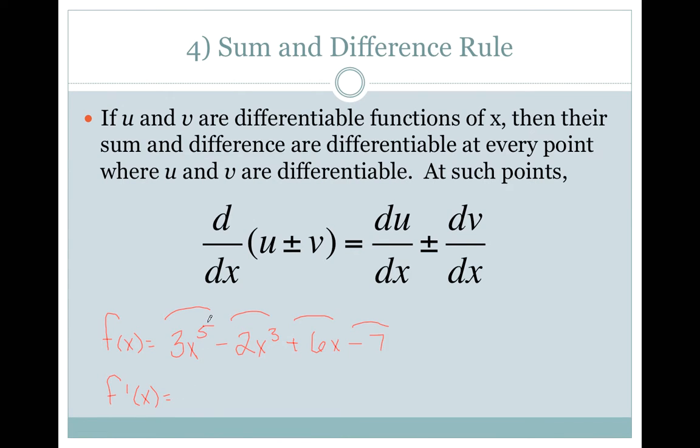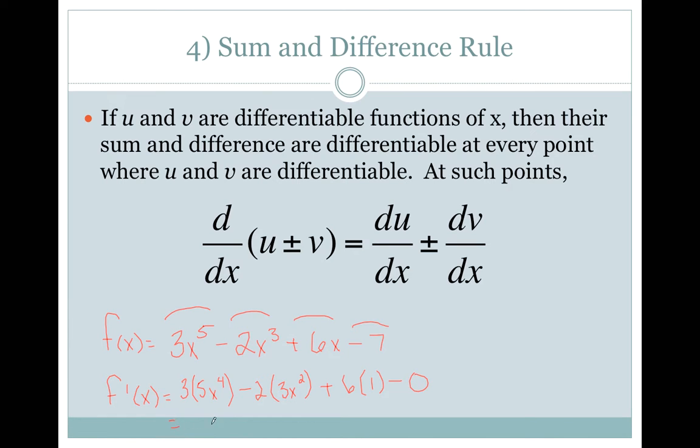So this becomes 3 times the derivative of x to the fifth, which is 5x to the fourth, minus 2 times the derivative of x to the third, which is 3x squared, plus 6 times the derivative of x, which we said was 1 a few minutes ago, minus the derivative of 7, which is 0.